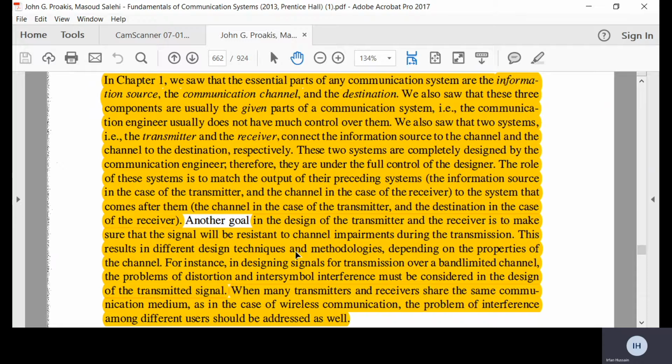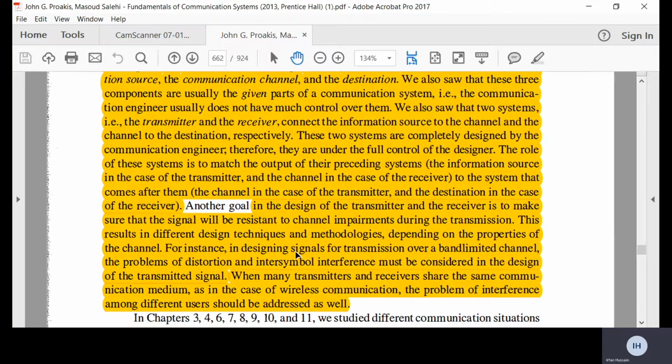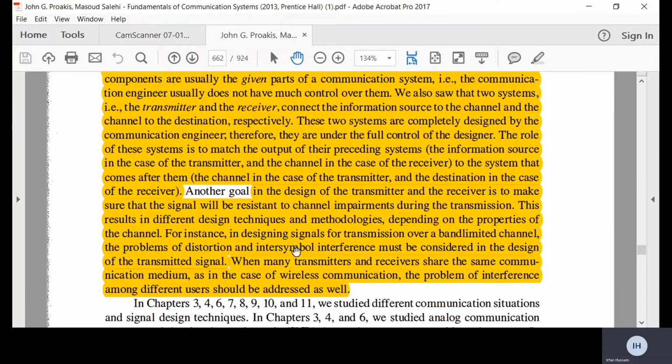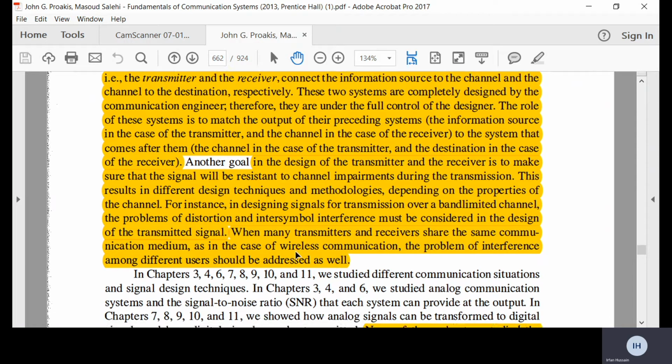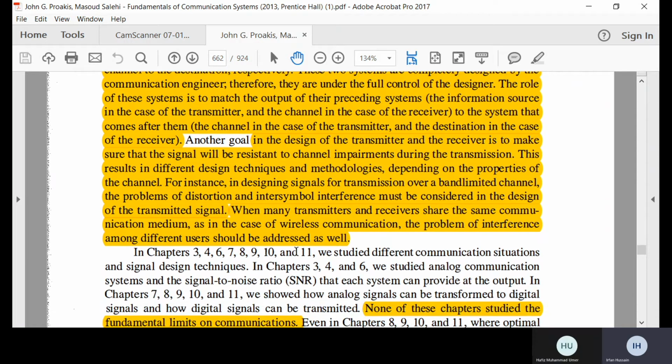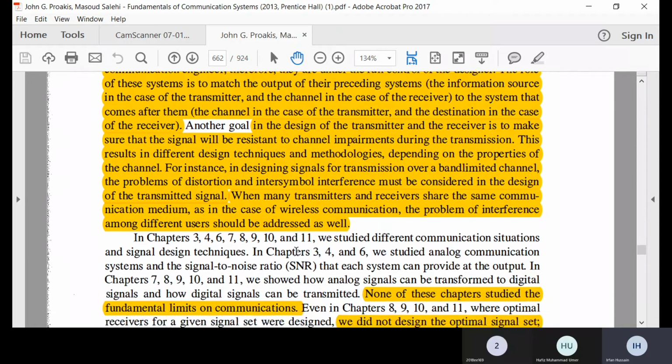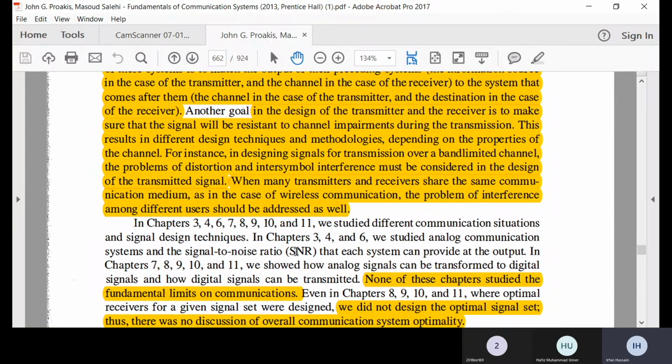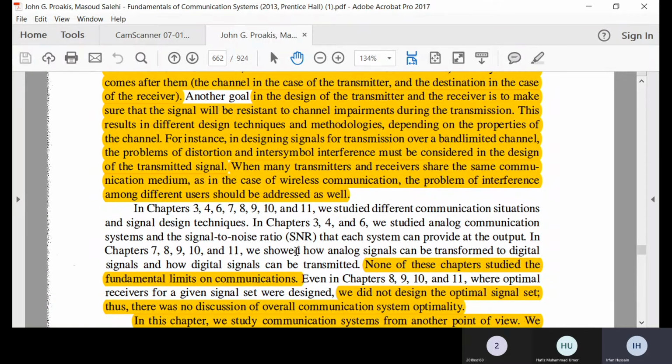So the design of the transmitter and receiver is that the signal must be resistant to the changes brought by the channel impairments during the transmission. As we saw in the last chapter, because of band limitation, we were getting distortion and inter-symbol interference.